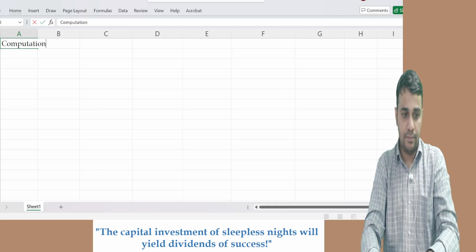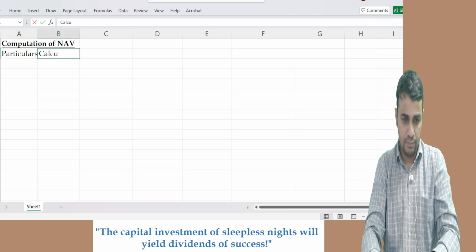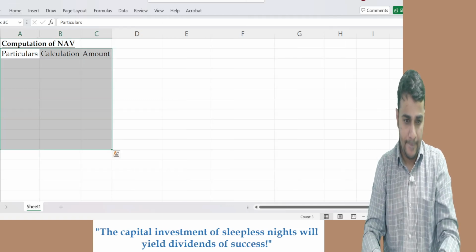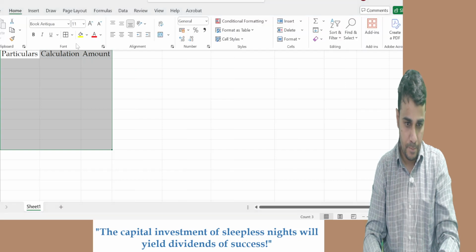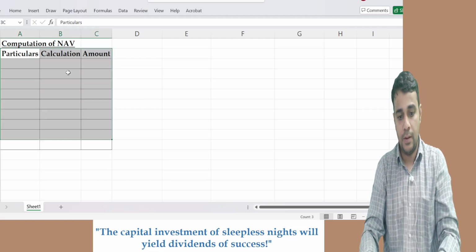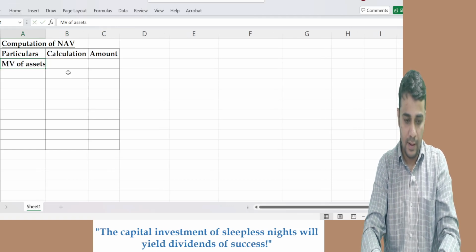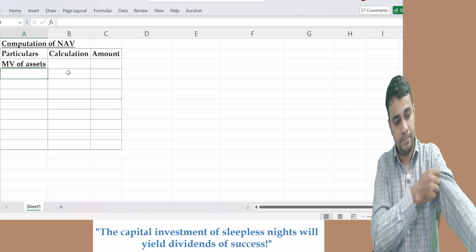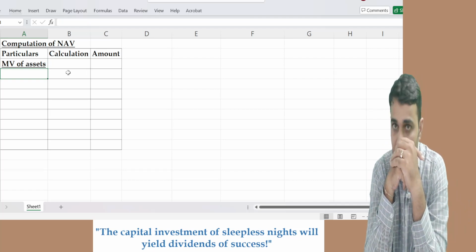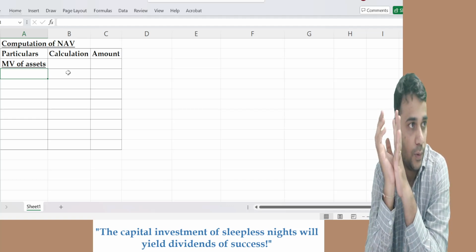Computation of NAV, particulars, calculation, amount. Market value of assets. First, I'll note down the assets, then I'll note down the liabilities, and automatically we'll get to the answer.